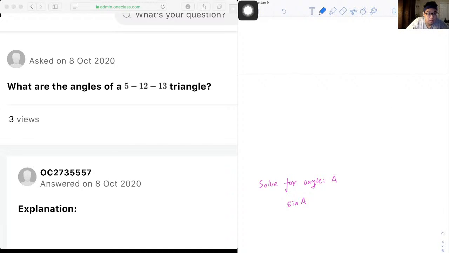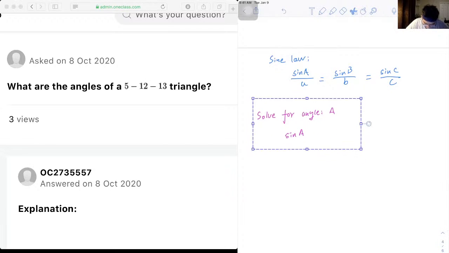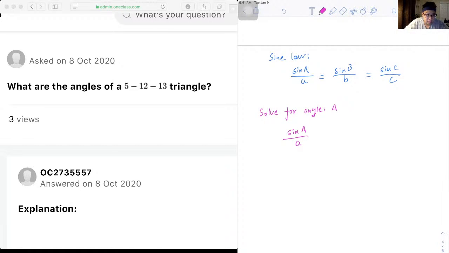So the sine law is given by sine A over A is equal to sine B over B, and is equal to sine C over C. Okay, so to solve for angle A, we have sine A over A is equal to sine C over C, right? And that is from the sine law property.